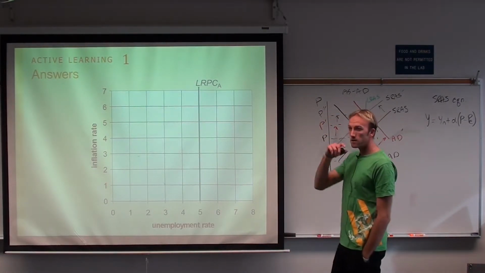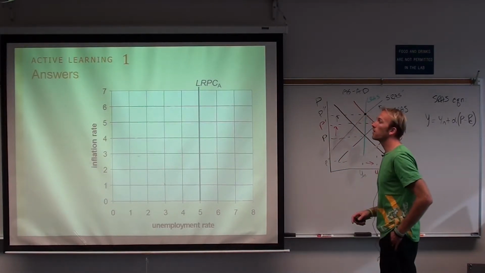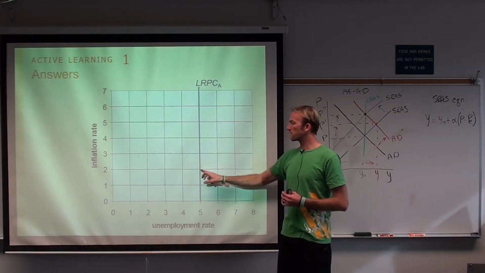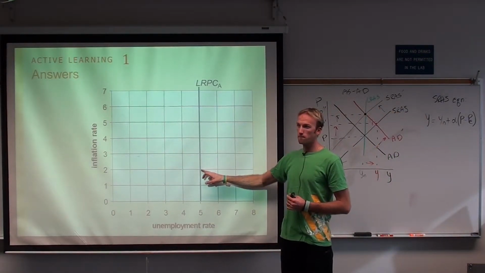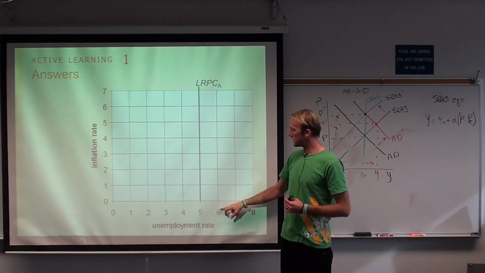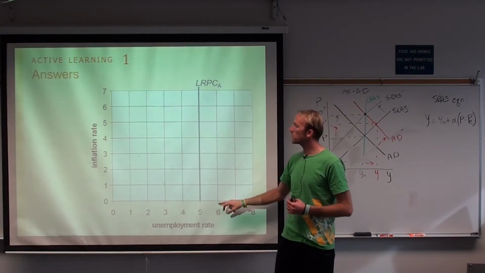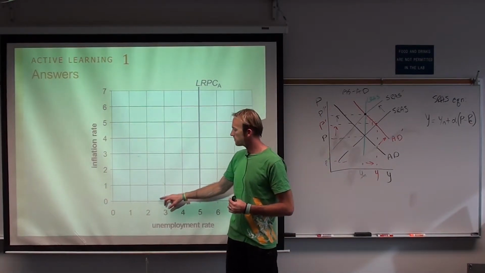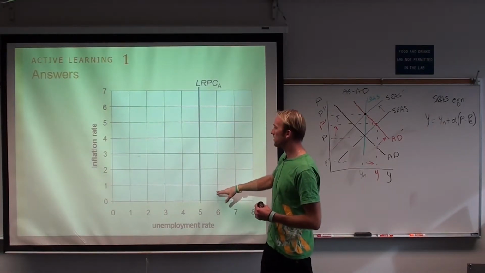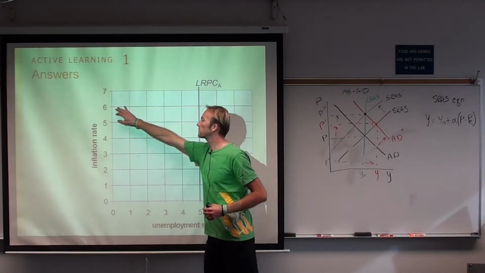Now I want you to draw the short-run Phillips curve based upon the fact that people are expecting 2% inflation. And then I want you to see what happens if we have 6% inflation, and what happens if we have 0% inflation. 0% inflation is down here, and 6% inflation is up here.